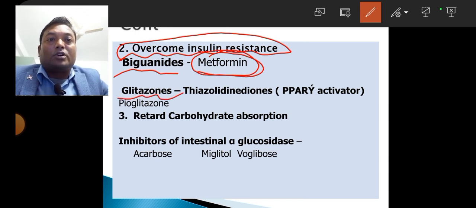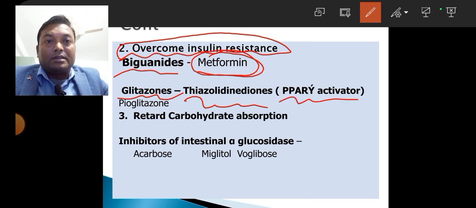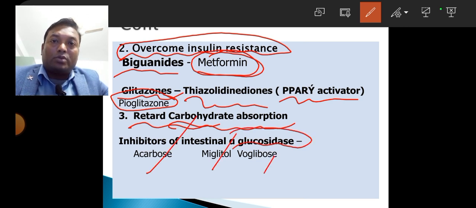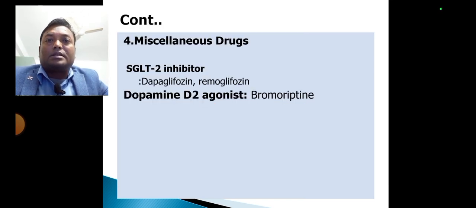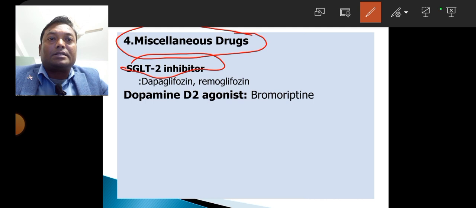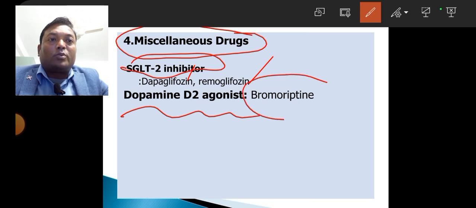Another is the glitazones, or thiazolidinediones, or PPAR gamma activators, that is pioglitazone. Another classification is to retard carbohydrate absorption. Those oral drugs which reduce the absorption of carbohydrate are the inhibitors of intestinal alpha glucosidase enzyme: acarbose, miglitol and voglibose. Another group is miscellaneous drugs: SGLT2 inhibitors, that is dapagliflozin and remogliflozin, or the dopamine D2 agonist, bromocriptine.